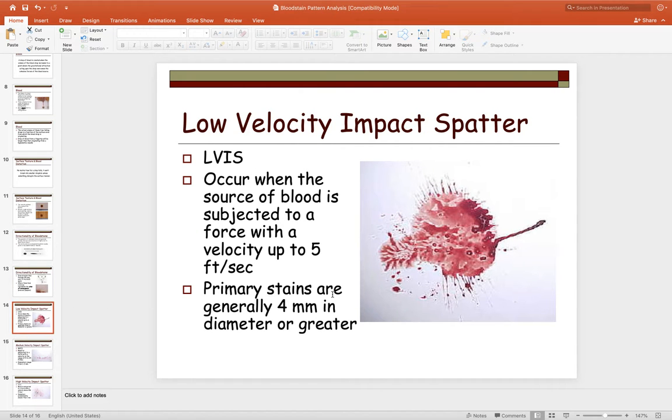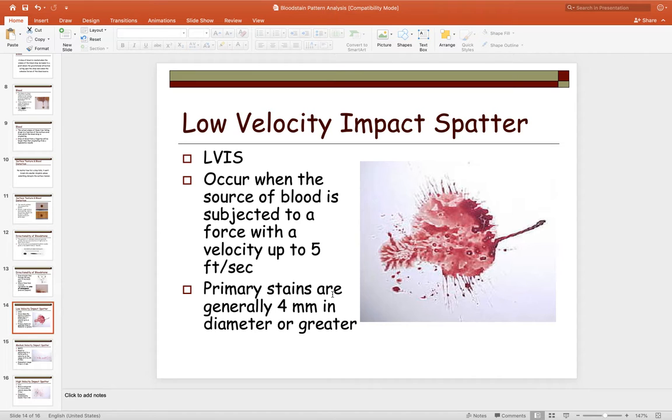Now, there are three different types of impact spatter that we haven't really talked about, but we want to make sure that we go over: low velocity, medium velocity, and high velocity impact spatter. Impact spatter is any type of spatter that is created using some type of force, and the amount of force will depend on whether you have low, medium, or high velocity.